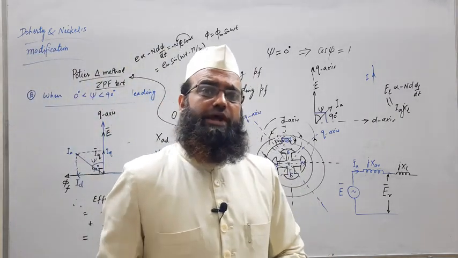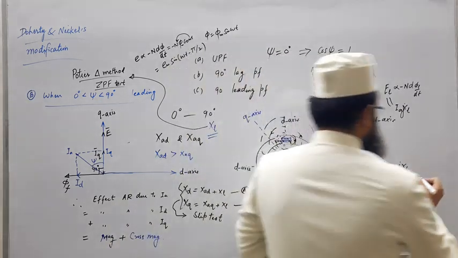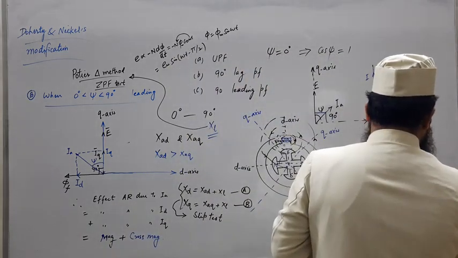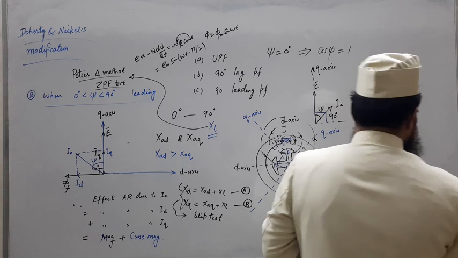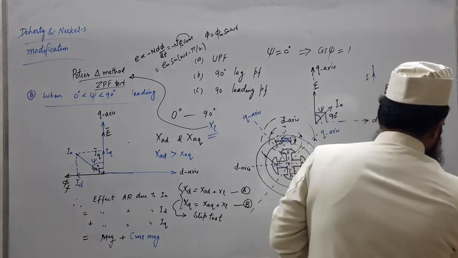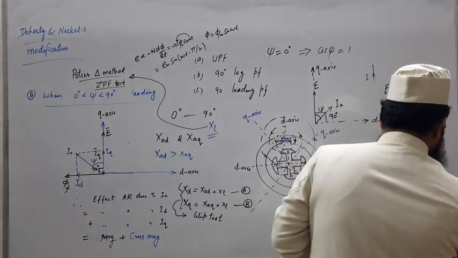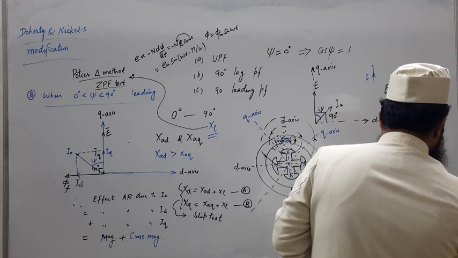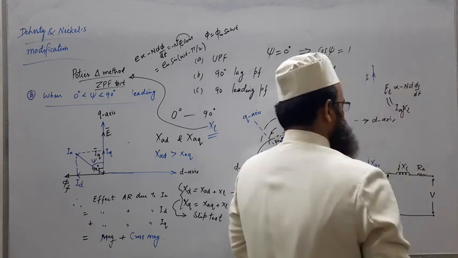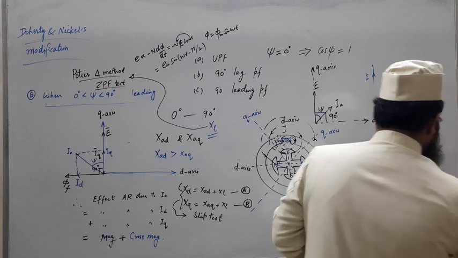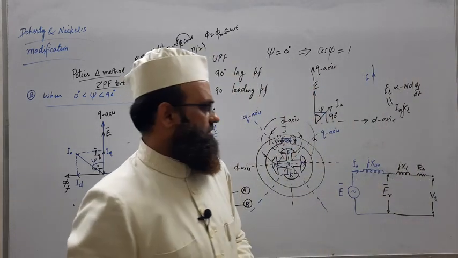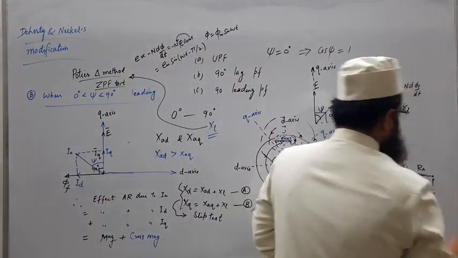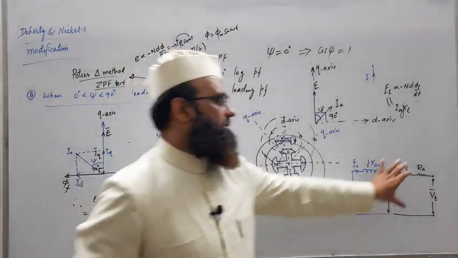So once current is flowing, some resistive drop will also be there. So just write here one resistance, represent it by RA, and then whatever EMF is obtained, let us represent VT or V, the terminal voltage. So this will be the terminal voltage available at the terminals.